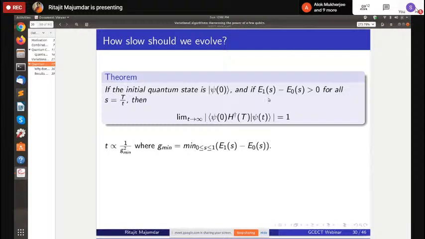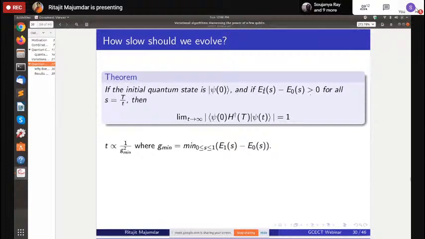So for every value of S, E0(S) means the eigenvalue corresponding to the ground state, that is the minimum eigenvalue, and E1 is the second minimum eigenvalue. So if the difference of E1 and E0 is greater than 0, again we'll not dwell much on this, but there can be some situations where this is not greater than 0, but it becomes equal to 0. That is something called degeneracy.